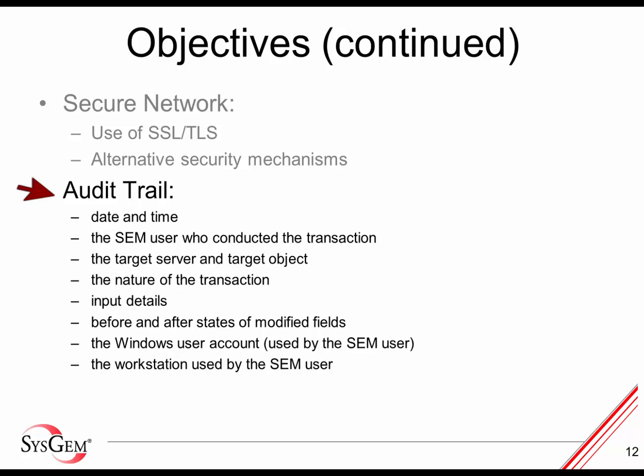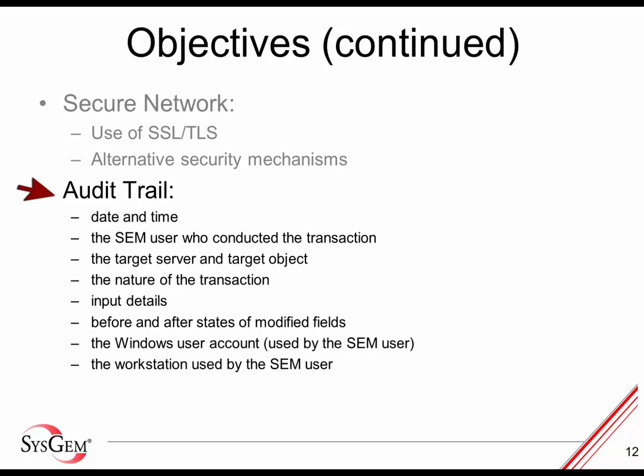For instance, it records the following: date and time of the transaction, the identity of the SAM user who conducted the transaction, the identity of the target server and the target object, for example, a user account ID, the nature of the transaction, such as create, modify, delete, enable, disable, etc., the details of the input submitted, except for passwords, of course. We never record typed passwords.